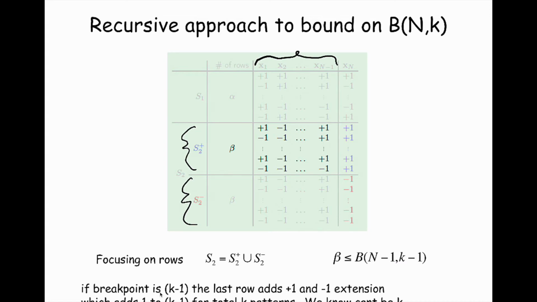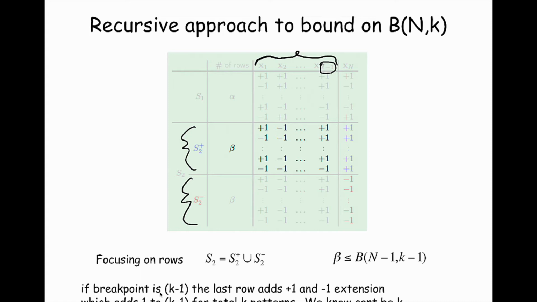Now, if we look at the data set size, because we're considering n minus 1 positions for n minus 1 data points, the data set size is n minus 1, absolutely. But if we look at the breakpoint, something changes. The breakpoint decreases, and I'll prove to you why.